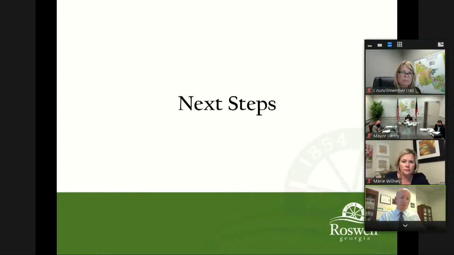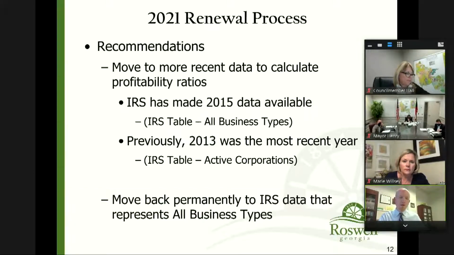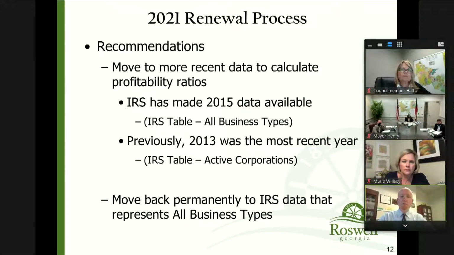So that gives you some background on how we got to where we are, and I have some information to share with you on some potential next steps. In terms of recommendations, there is more recent IRS data available at this point, and our recommendation would be to move to the most recent data, and that would involve moving back to the previous table that was used in 2018.